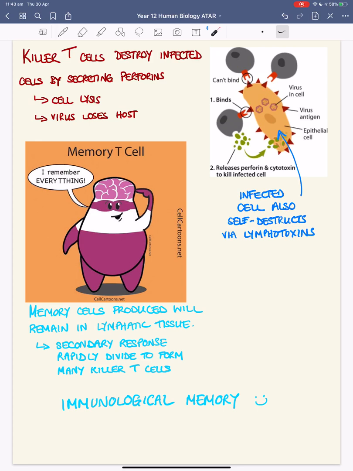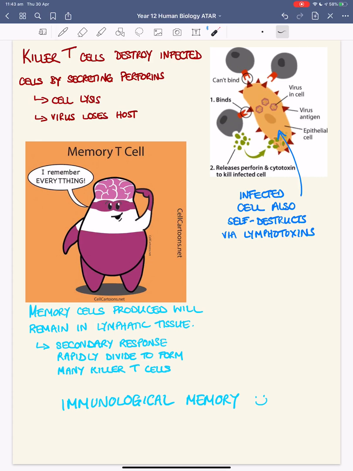The third thing that I haven't written down but you should also know about is that the killer T cell also secretes lymphokines. These are chemicals that will induce other macrophages to come to the site of the lysed cell and carry out further phagocytosis at a faster rate.